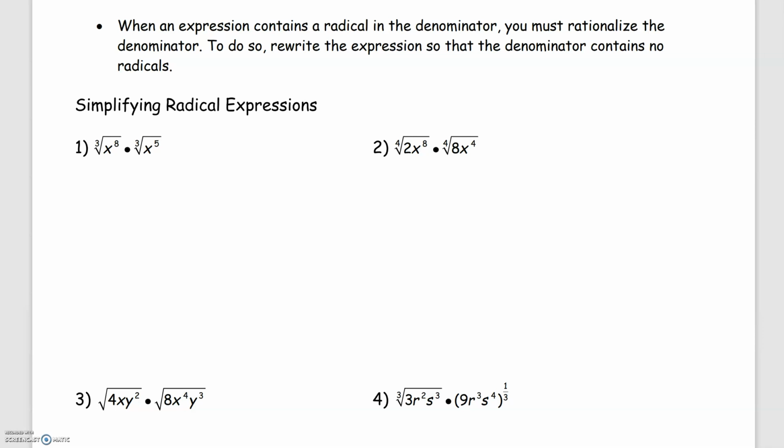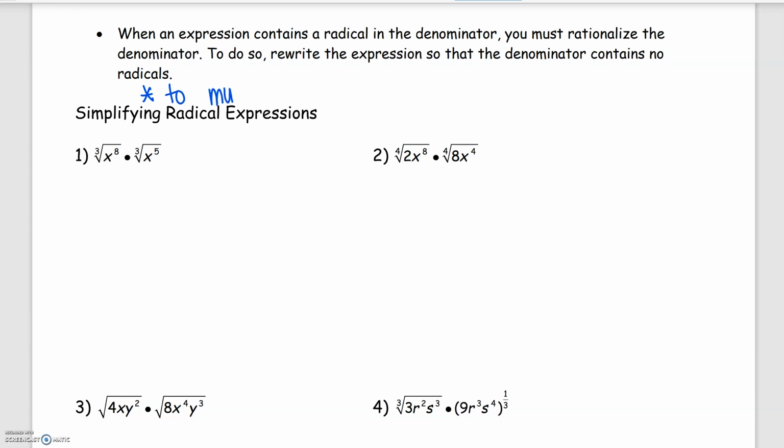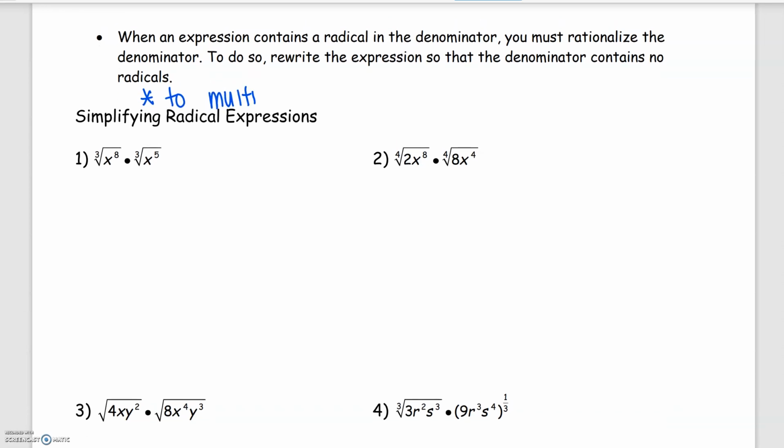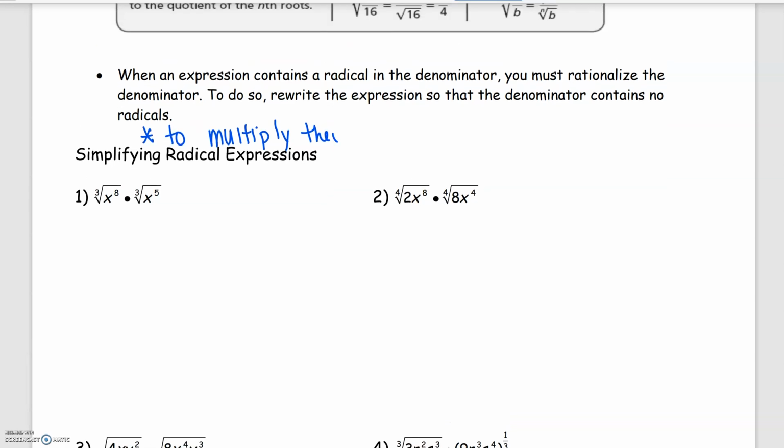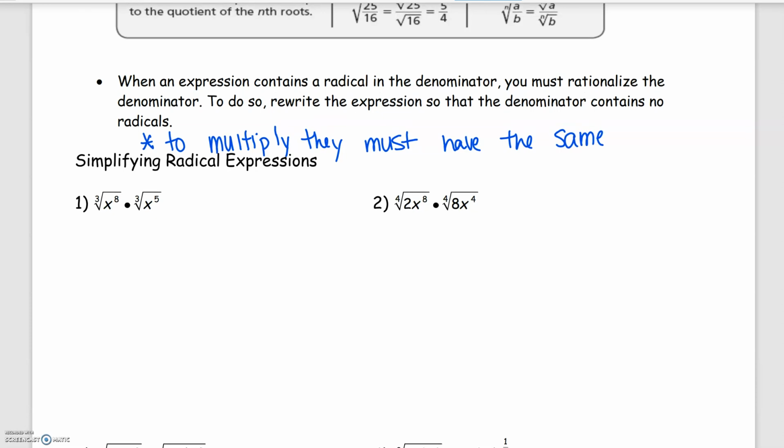They do both have the index of 3. So let's write that in there up here. Remember to multiply, they must have the same index.